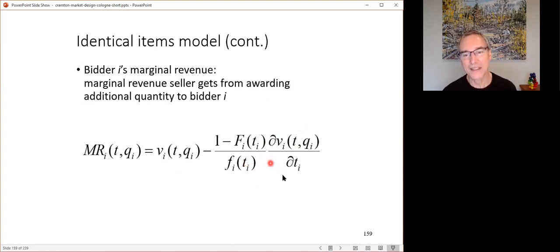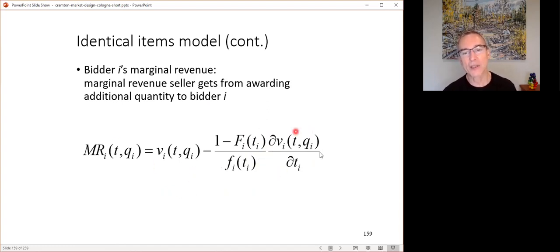And a better name for that virtual valuation is probably marginal revenue, because that virtual valuation is the marginal revenue that the seller gets by awarding the good to that type.